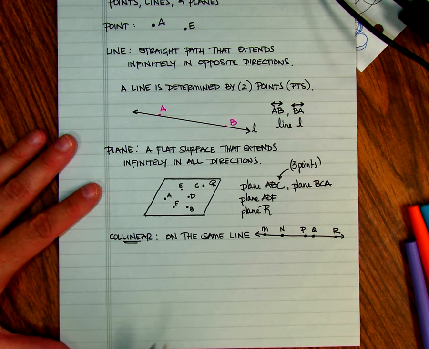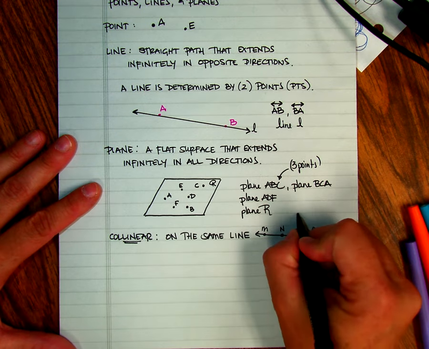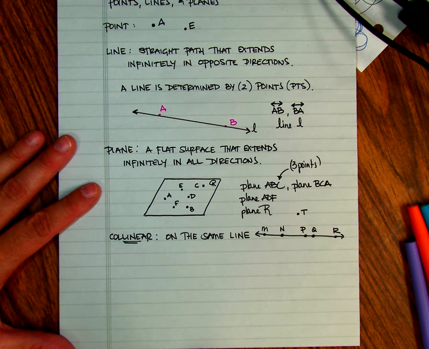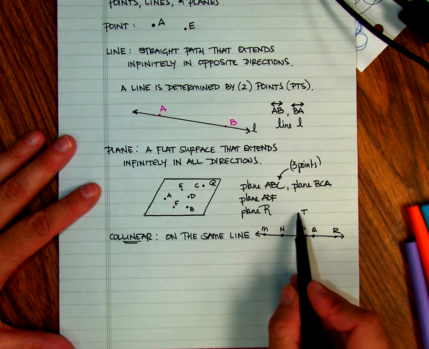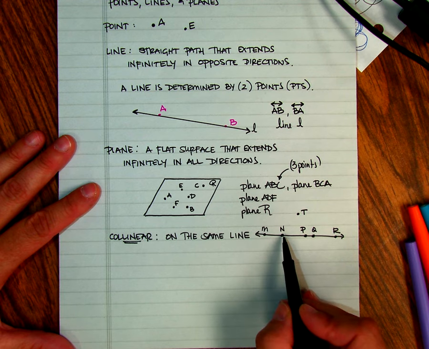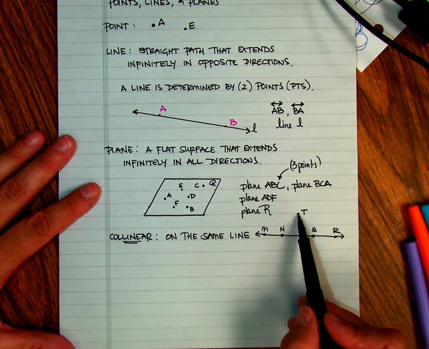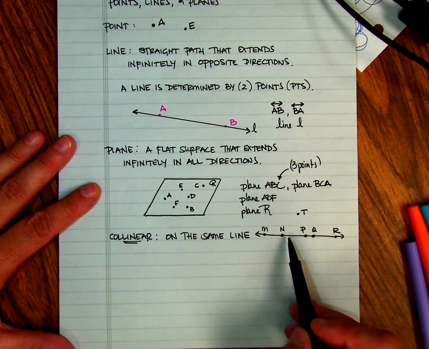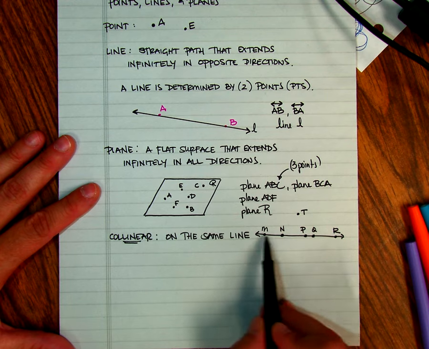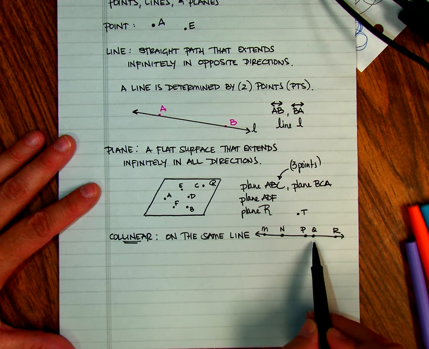They are on the same line. If I were to add point T out there, T is not collinear with points M and N. T is not collinear with points N, P, and Q. It's not on the same line as the other points are.